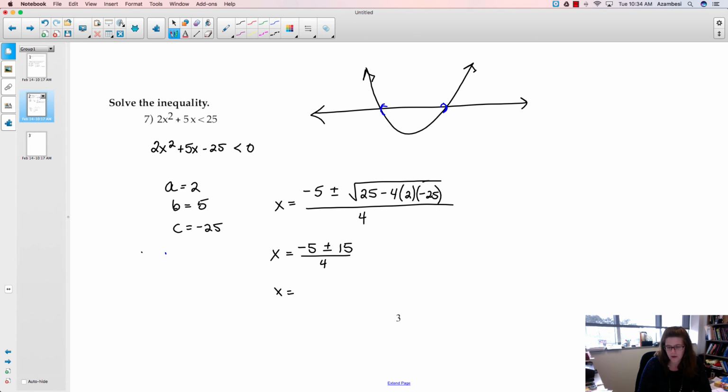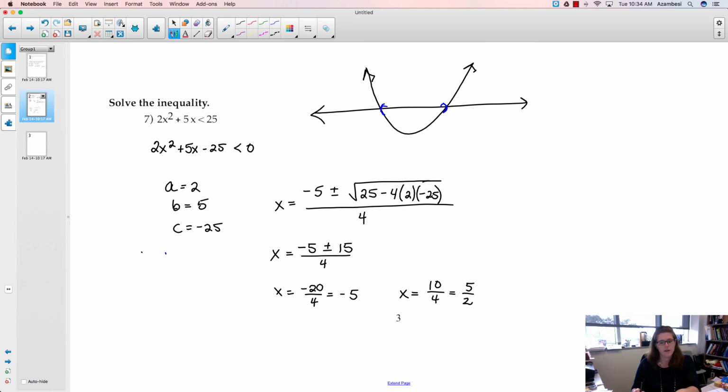Gives me x values. Negative 5 minus 15 gives me negative 20 over 4 or negative 5. And I have x is equal to, if I'm adding 15, I get 10 over 4 or 5/2.